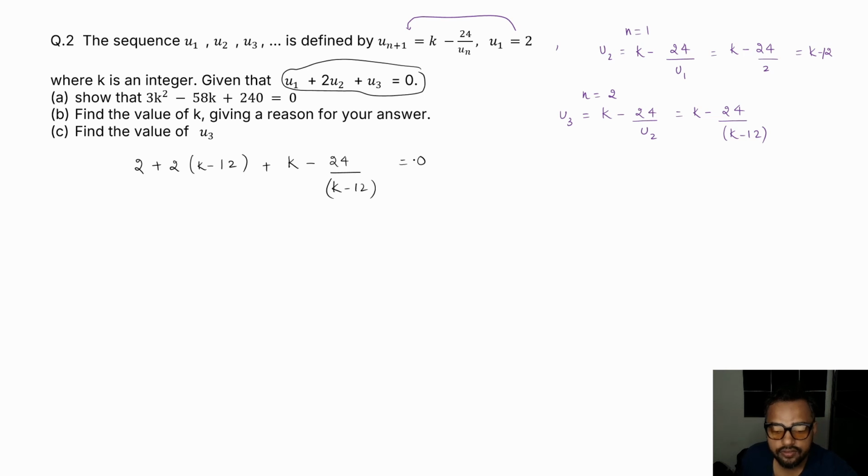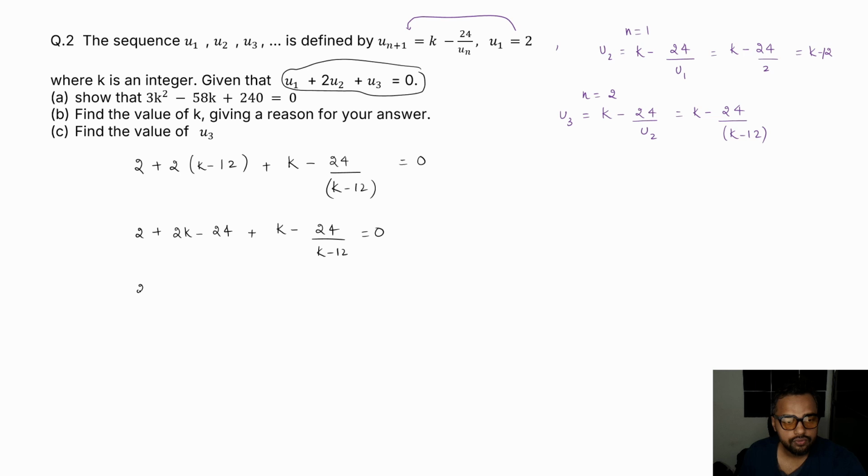Now I am using this relationship, student. So we'll be solving it further. We'll be getting 2 plus 2 times k minus 12, plus k minus 24 upon k minus 12 equals 0.